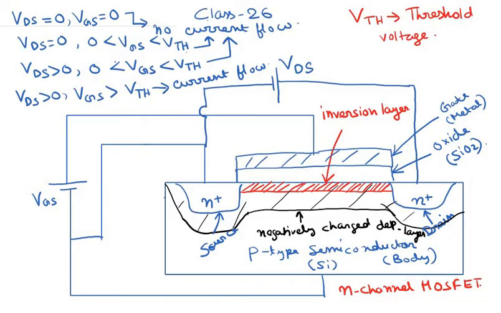So once this inversion layer or channel is formed, that is once VGS is greater than VTH, then increasing VGS increases the drain to source current for the same value of VDS, because increasing VGS induces more electrons in the channel, or increases the number of electrons in the inversion layer. Let me write it here.